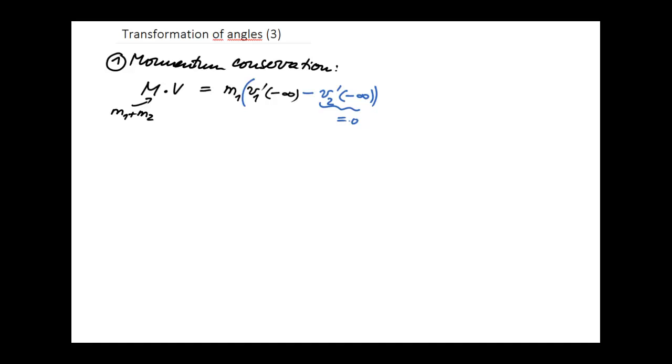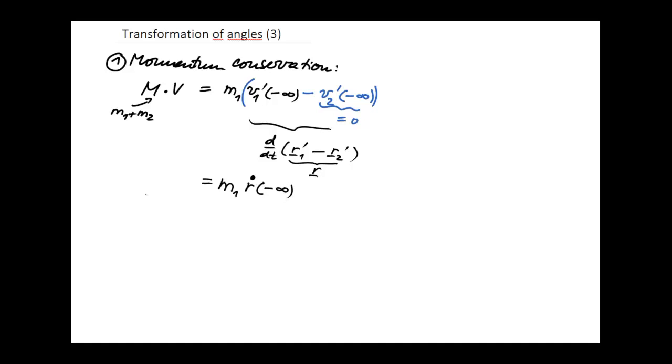So what we have inside the bracket, this is actually d over dt r1 prime minus r2 prime, but this is the distance vector r. So actually what we have here, this is m1 times the change of the distance between the two particles, so r dot at time minus infinity.